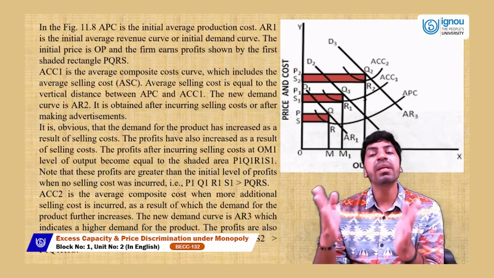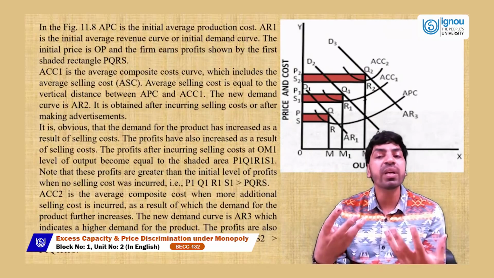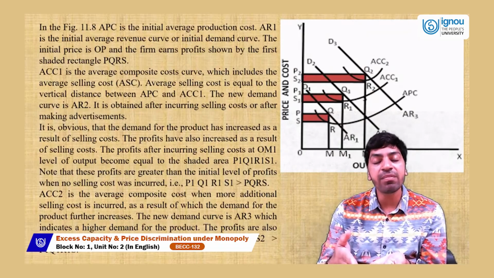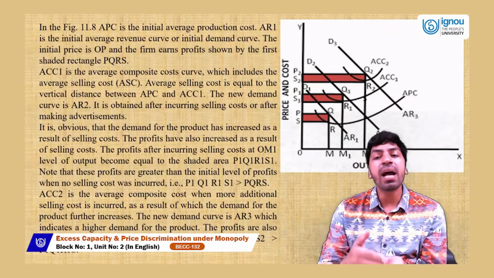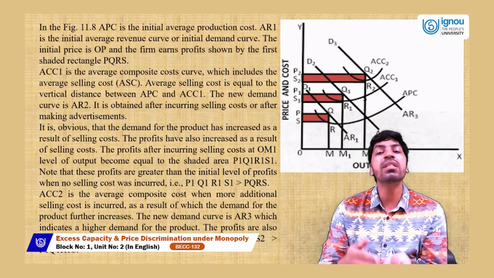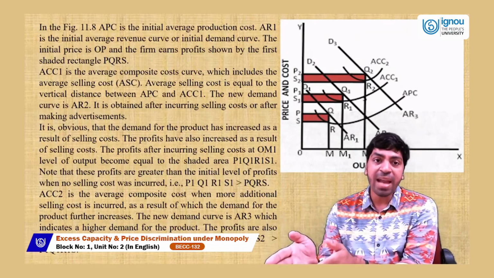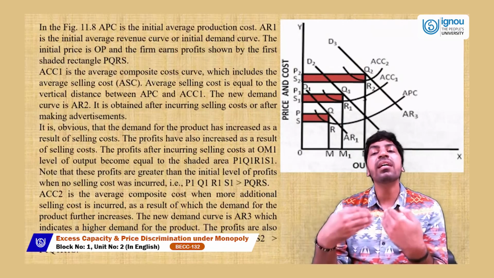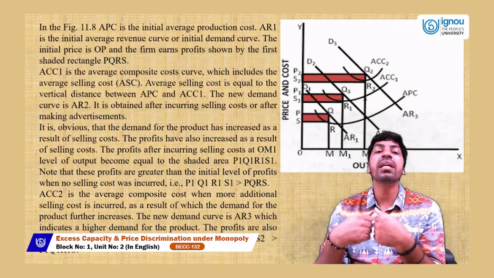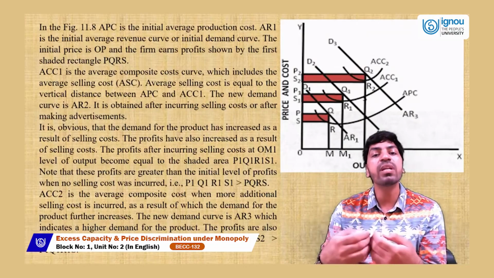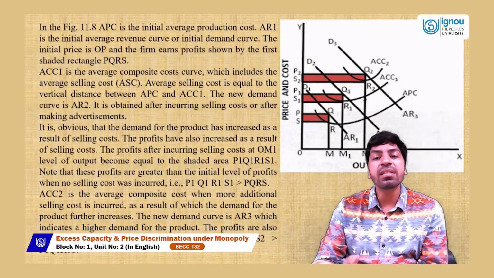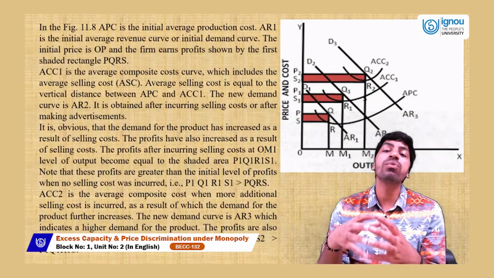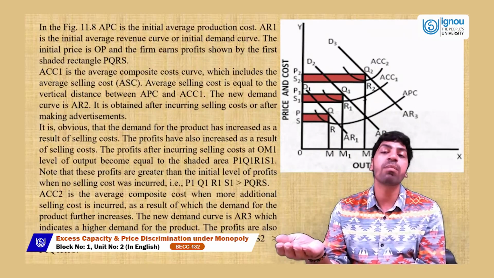So the diagram portrays that when there is an increase in investment on advertising or publicity, the average revenue curve shifts parallelly to the right, and the firm earns more and more profit as the selling cost increases.